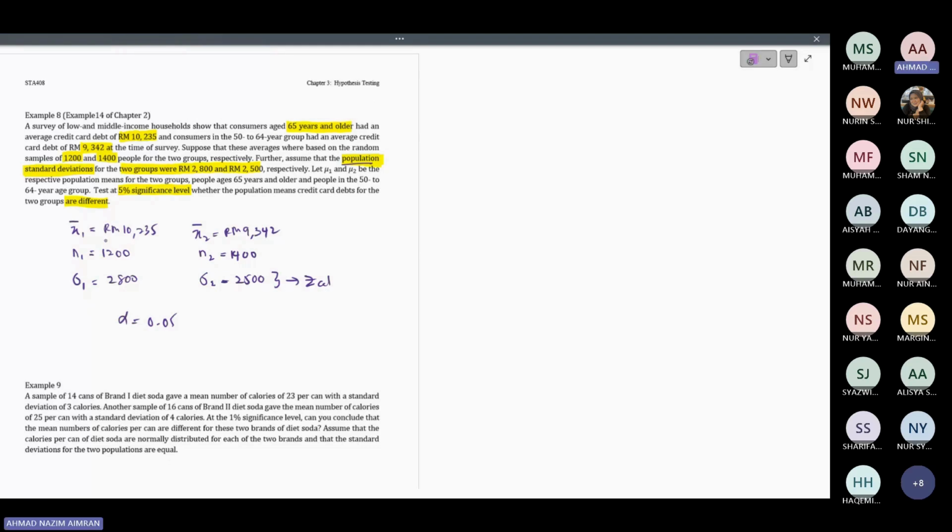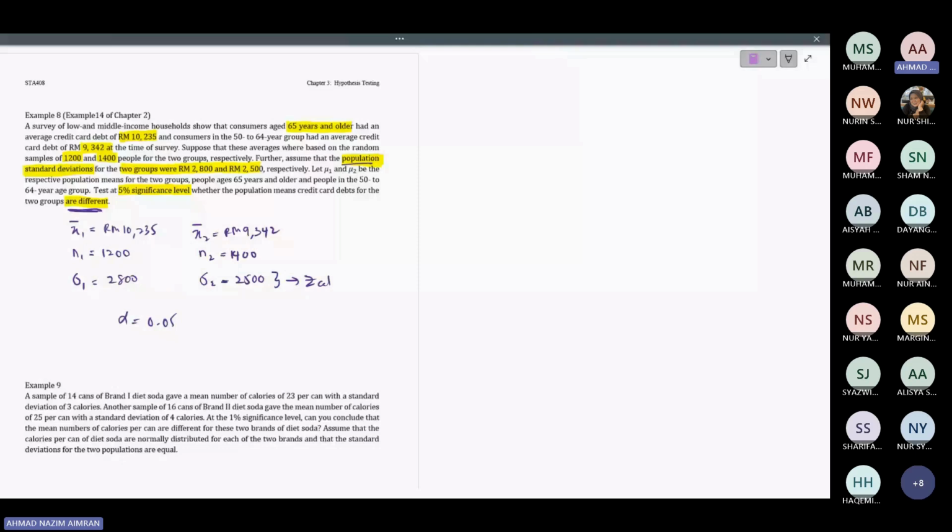Two tail because we are testing the hypothesis at two tails, the right tail and also the left tail, because the question did not mention whether we want to test greater than or lower than.